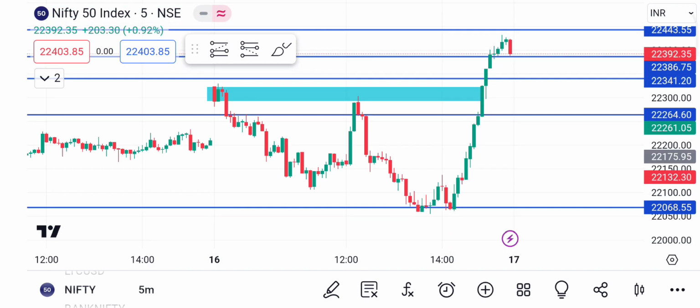So the idea is very simple. Just mark that range and follow the strategy. There can be losses. You have to plan your stop loss accordingly. Before you come to the market, you have to actually observe that market is in upper trend or lower trend.